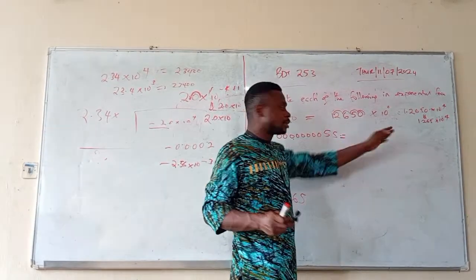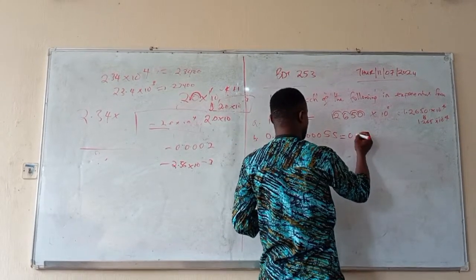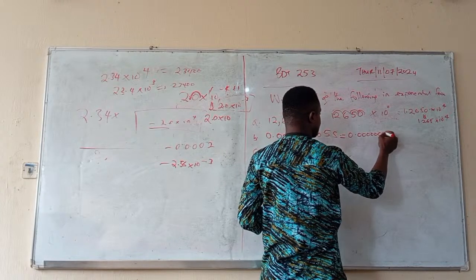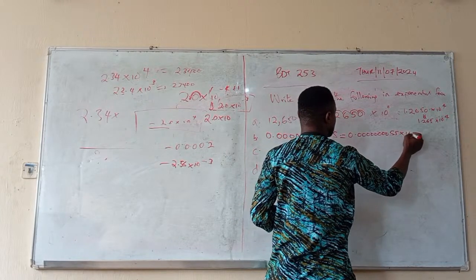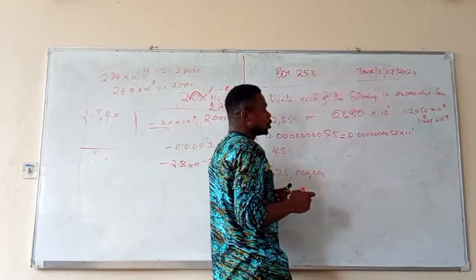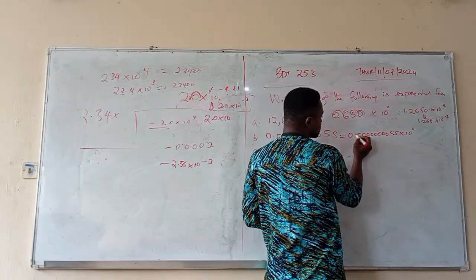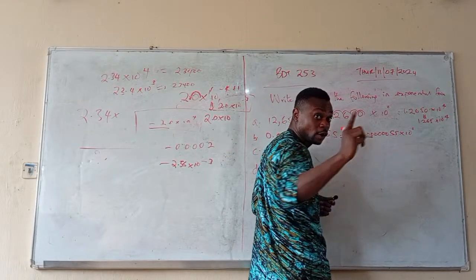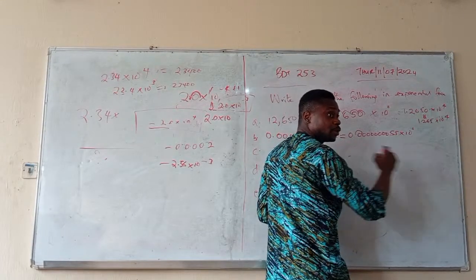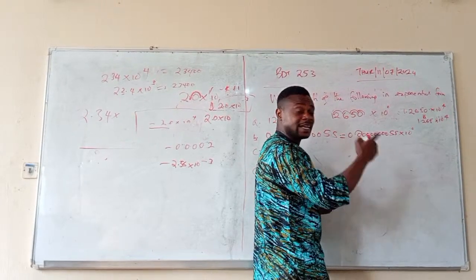But in your paper, you can write it up the way I did this one. For space, I didn't write it all out. We have 0 point 8 zeros, right? 1, 2, 3, 4, 5, 6. So let's start our decimal movements. Here we have minus, because you are increasing the decimal place.